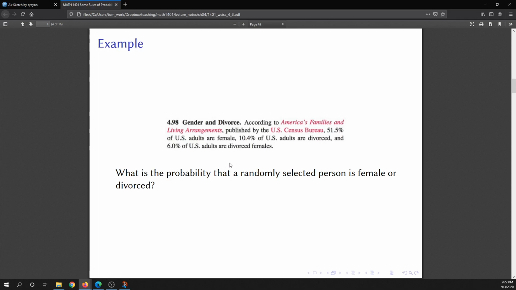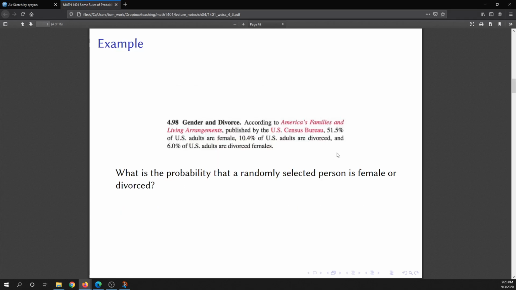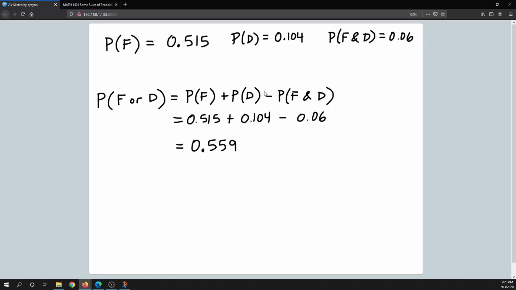There's no way around it. I didn't show you, but in the other example, I said that if you're careful about how you count these up, you can actually avoid using the general addition rule, because they gave us the counts. But in this problem, because they gave us probabilities disguised as percentages, there's no way you can do that. You must use this rule here. There's really no way around it, okay?